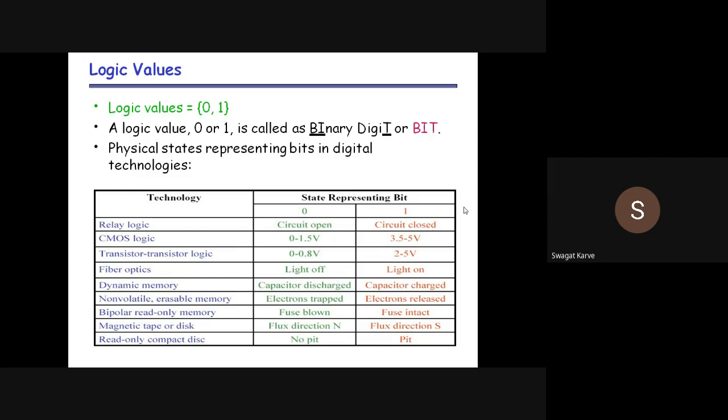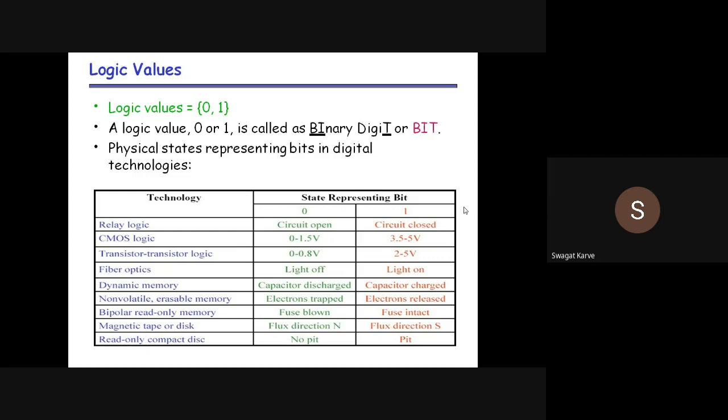The value ranges between 3.5 to 5 volt, right? That means in case of CMOS, if you want to represent logic 1, then its equivalent value in terms of voltage will be 3.5 volt to 5 volt.